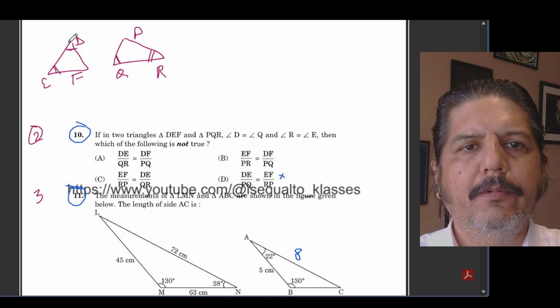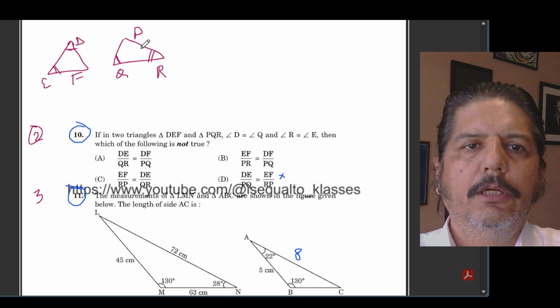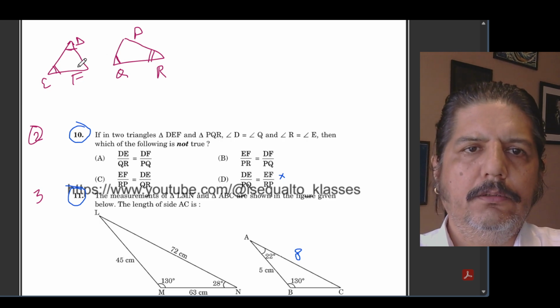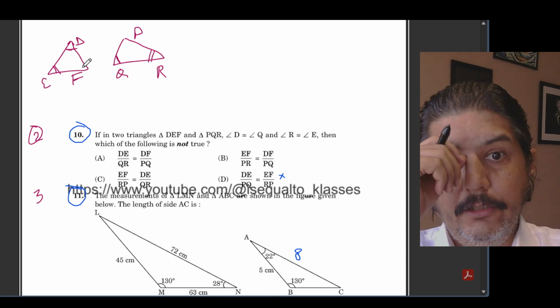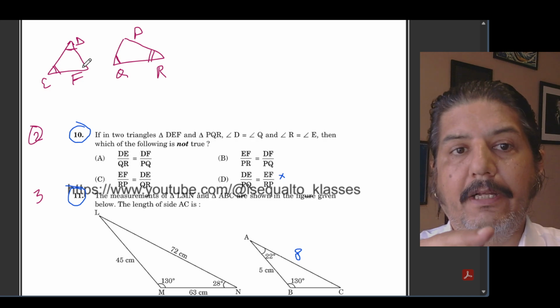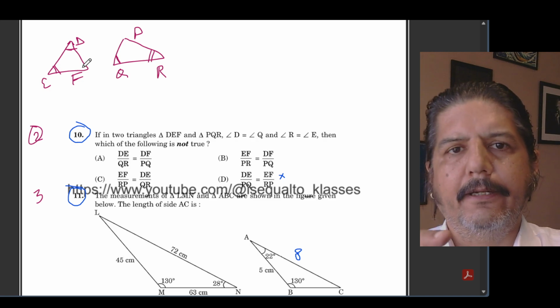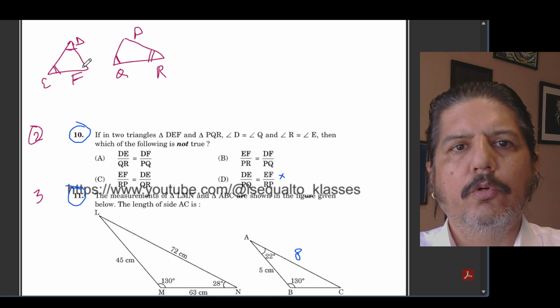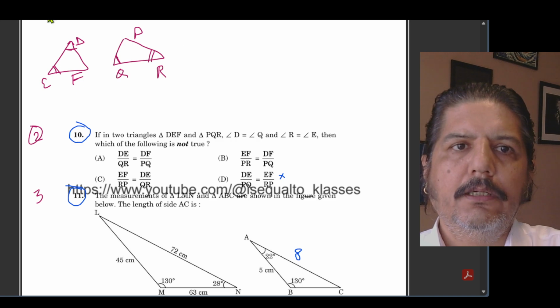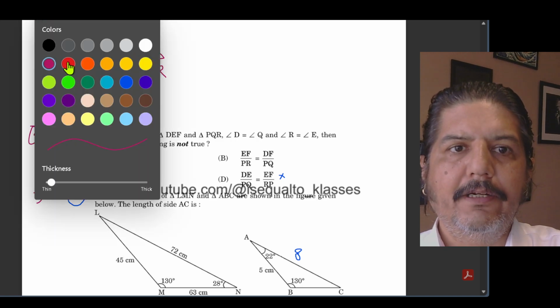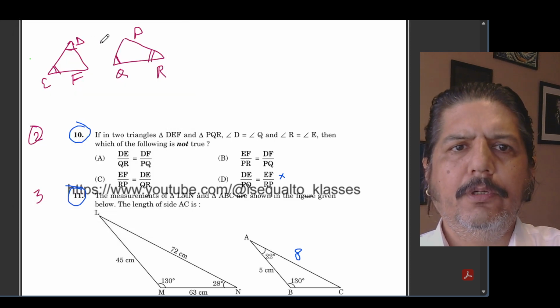Now, this is what I recommend to all my students: when you are marking the equal angles, use different signs. For example, I have used a single line and a double line. That is how you should go about doing it. And when you are marking the corresponding sides also, you can use different symbols.